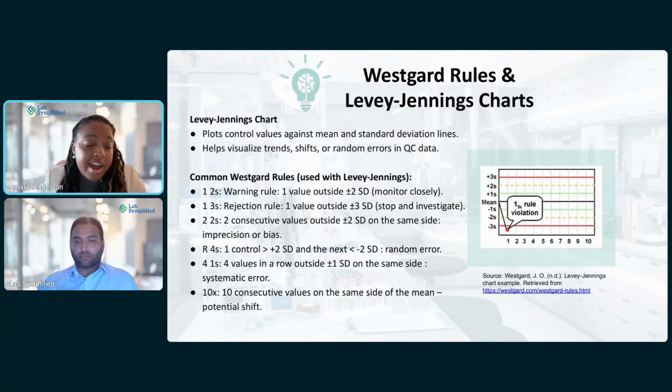If I have a result that is 3 standard deviations out, we're going to stop and investigate for sure. We want to stop and figure out what's causing my data to be 3 standard deviations outside of my expected mean. So these are some of the patterns that you want to pay attention to and monitor often so that you can make sure you're catching a potential trend or shift early.